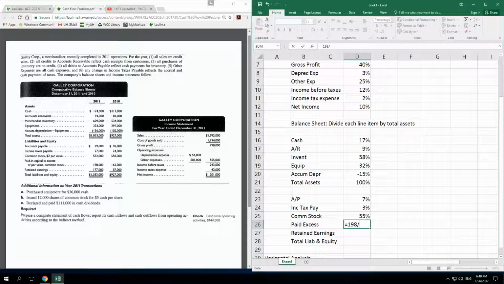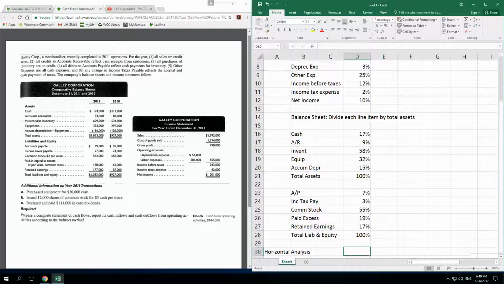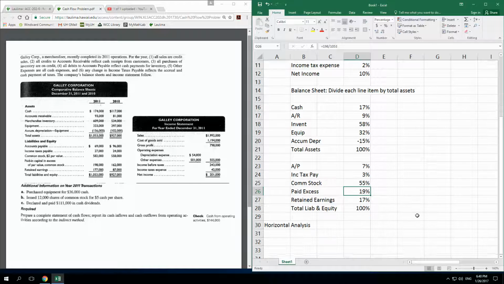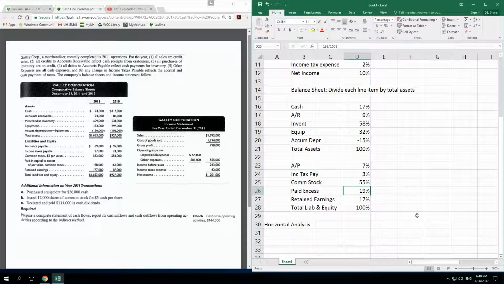I did the common stock, okay. I put in an extra. Okay. So same idea, but we're expressing everything in terms of total assets on the balance sheet.